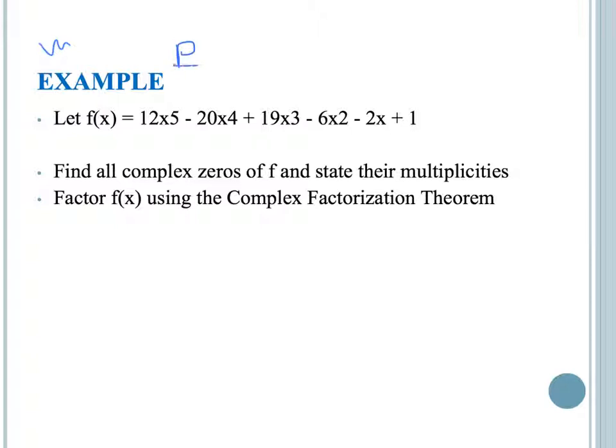So it's basically going to be plus or minus 1 over all the factors of 12. So 12, 6, 2, 3, and 4, which is an awful lot of fractions, and so I go to my graphing calculator, and I'm going to check and see if any of those appear reasonable to test using synthetic division.